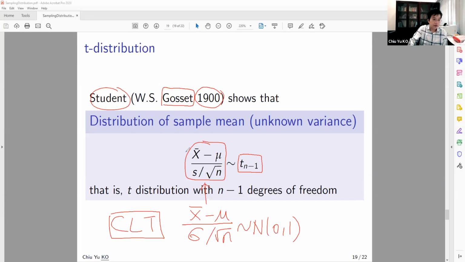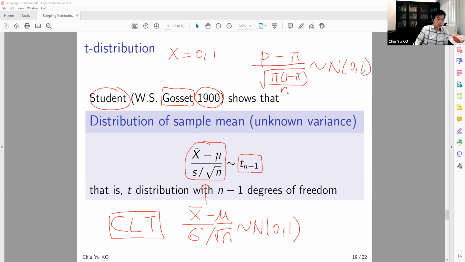And of course, if the data is either 0 or 1, with sample proportion, we also have another simple technique, something like p minus pi over the square root of pi times 1 minus pi over n is also N(0,1). So that is the three equations that you need to remember.